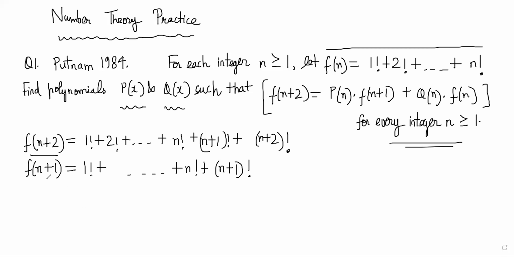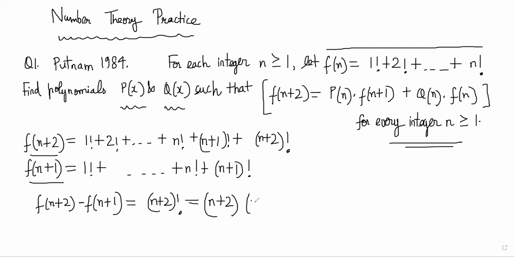Now, since we know f of n plus 2 and f of n plus 1, we can clearly see that the difference of these two, f of n plus 2 minus f of n plus 1, is simply n plus 2 factorial. And n plus 2 factorial can be written as n plus 2 times n plus 1 factorial, right?